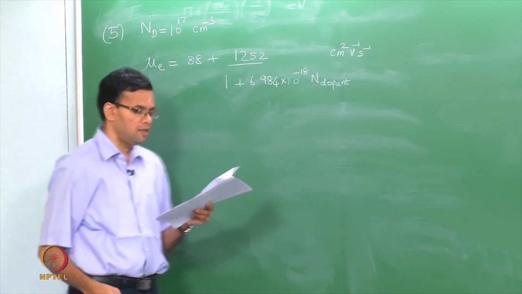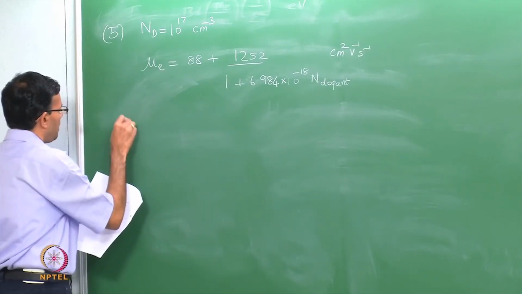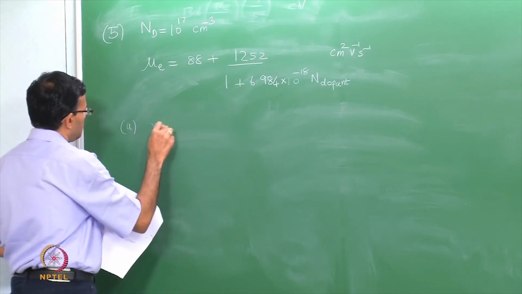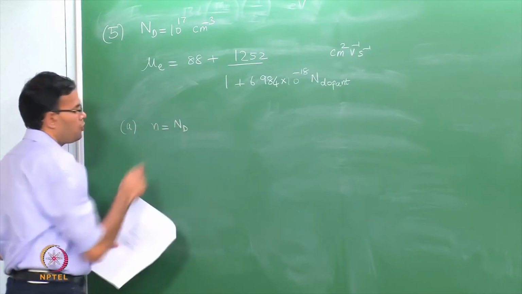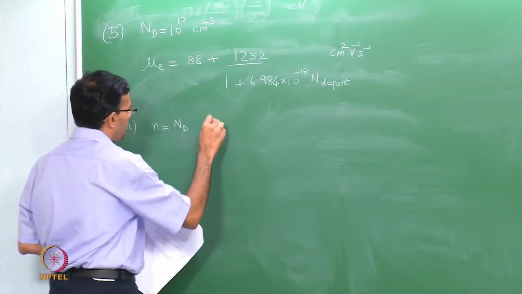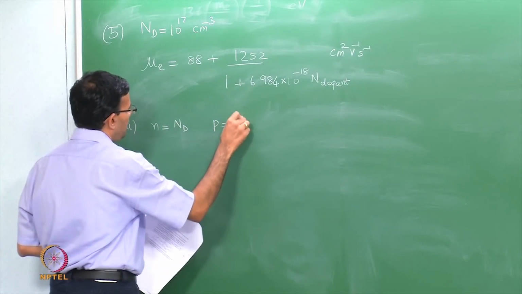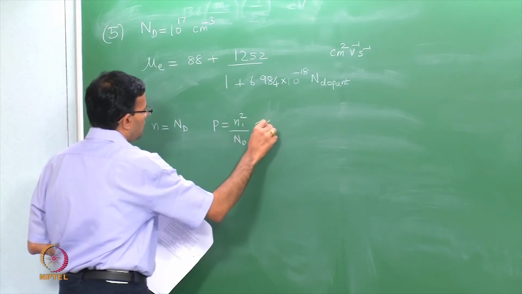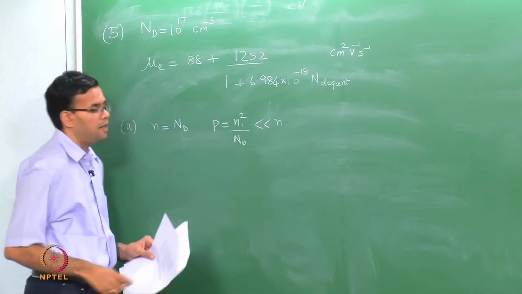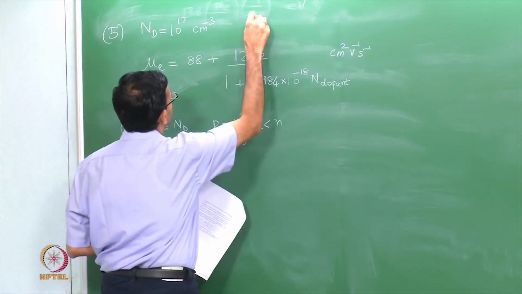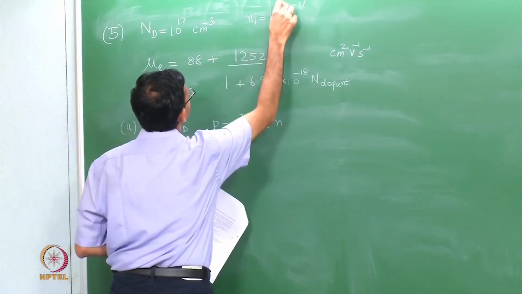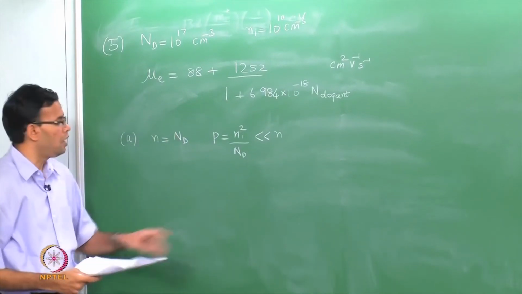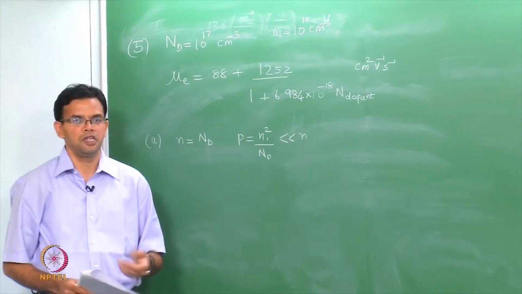So, in the first part we want to calculate the room temperature conductivity. We know N is equal to Nd, it is an N type semiconductor. So, P is Ni square over Nd, which is usually much smaller than N. If it is silicon, Ni is 10 to the 10. So, we can actually work it out, P comes to be 10 to the 3.